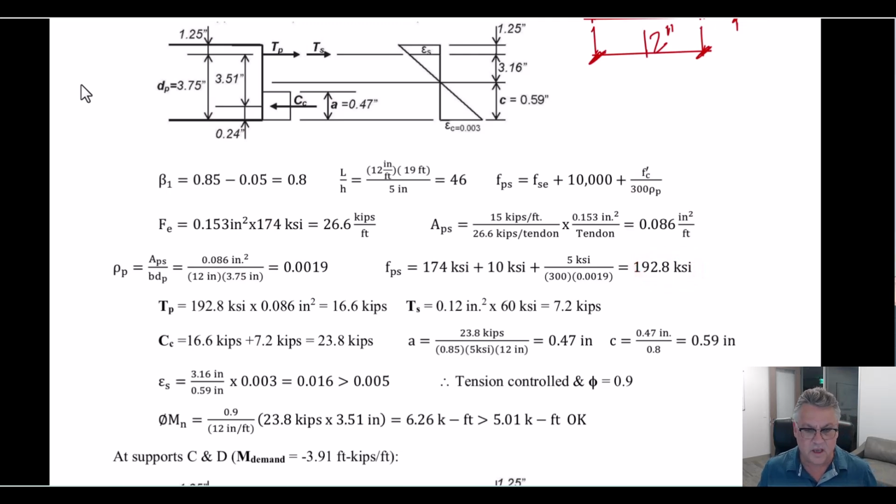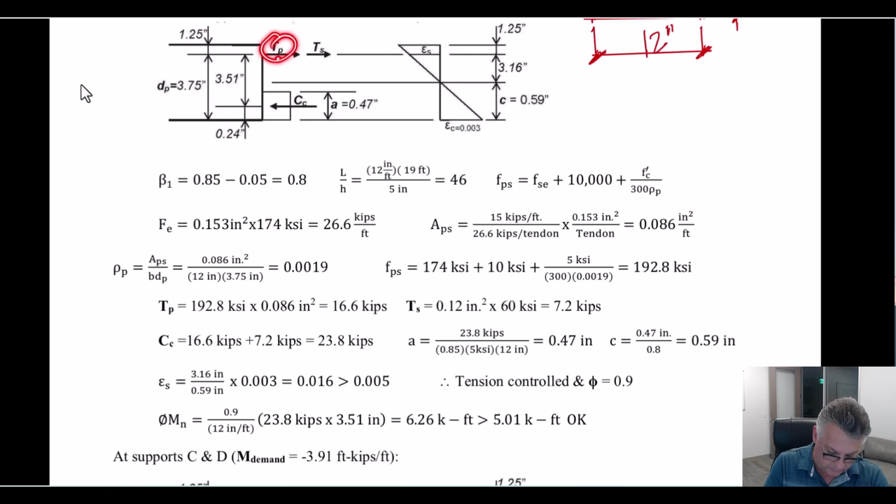Remember, what that is saying is that at failure, at that location, when the sky is falling, the whole place is falling apart, you can expect to have 192.8 KSI of tensile stress in the post-tensioning steel. And you can use that to calculate your strength at failure.